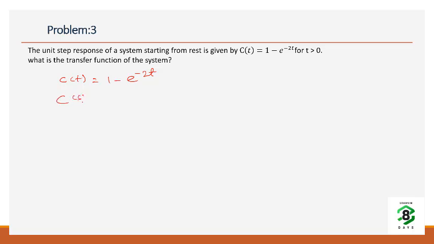So Cs is equal to Laplace transform of 1 is 1 by S, and then that e to the power minus 2t is 1 by S plus 2. So the output is S plus 2 minus S into S plus 2. If we simplify, this is 2 into S plus 2 into S. This is the output.